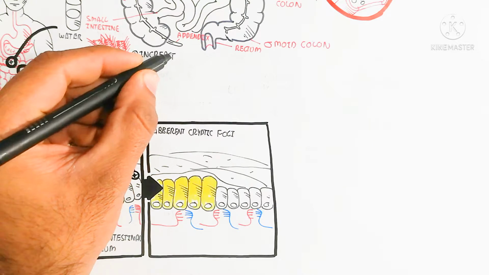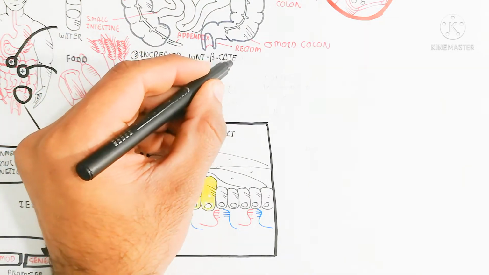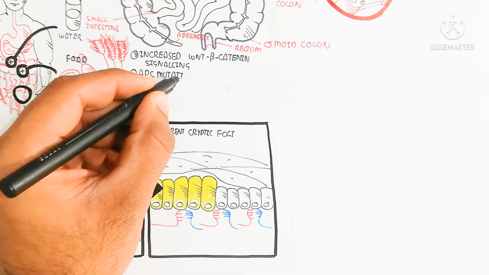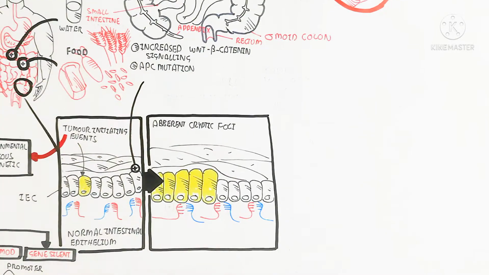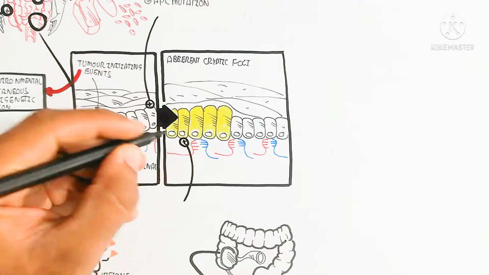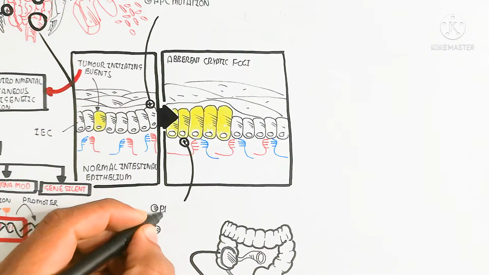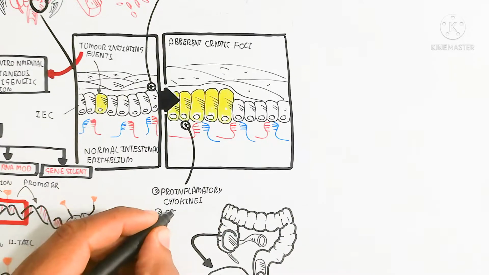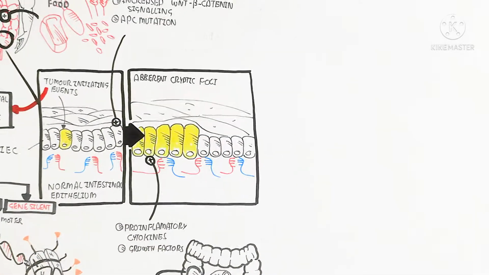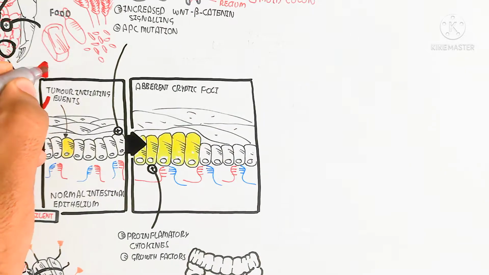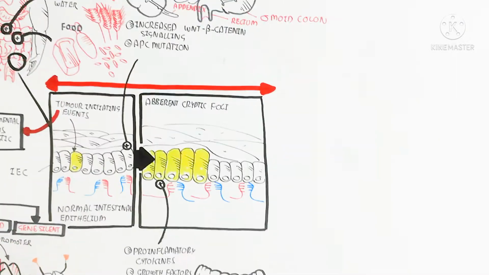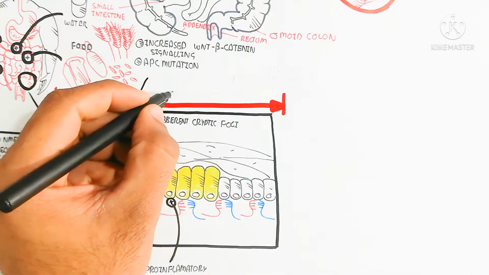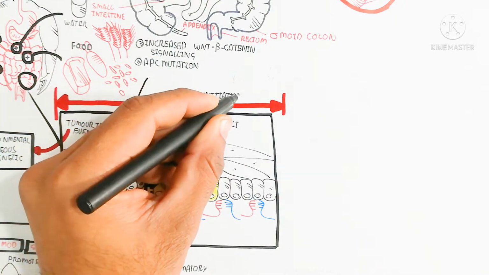Here you can see the increase in beta-catenin signaling, which we will discuss in the next video, and antigen presenting cell mutation. In this way, the antigen presenting cell mutation produces pro-inflammatory cytokines and growth factors, which stimulate and proliferate the cell, and more cell division and uncontrolled cell division will lead to cancer.